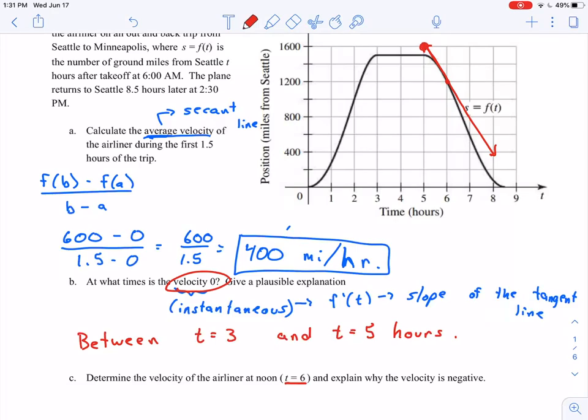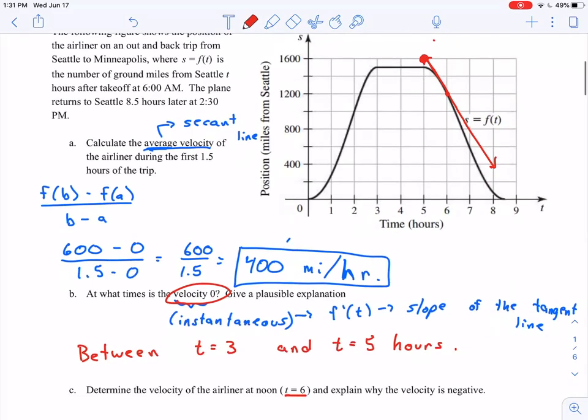So let's see, I have roughly 5, 1600 right there. And then let's take maybe this point right here. Looks like I've got 7, 800. If I find the rate of change between these two, essentially I'm just looking at the slope formula. So how about I call this a, f of a, and b, f of b.